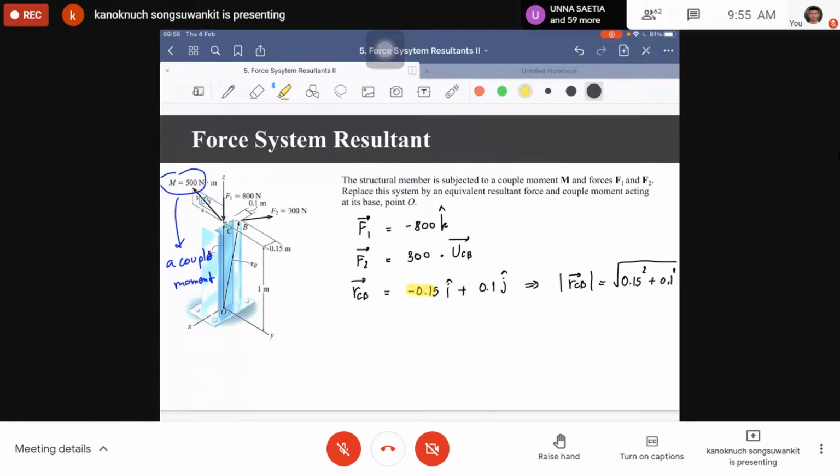And then replace these two terms to find the UCB, and then multiply with the magnitude of the force, 300. And finally, we have F2 equal to this term.